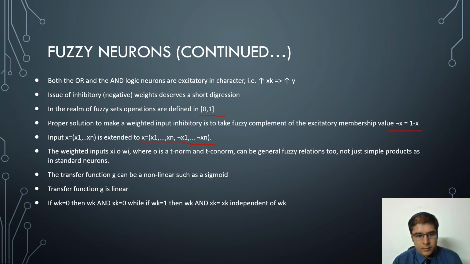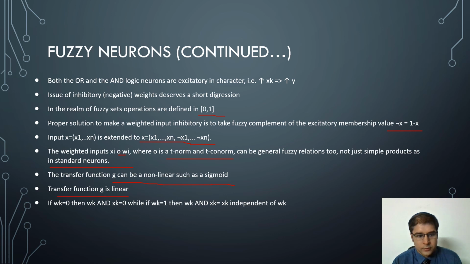O is a T norm, and T conorm can be general fuzzy relations too. So there are specific types of fuzzy logic functions or relations, and not just simple products as in standard neurons. So the transfer function G can be nonlinear such as a sigmoid. Transfer function G is also linear at times, generally.